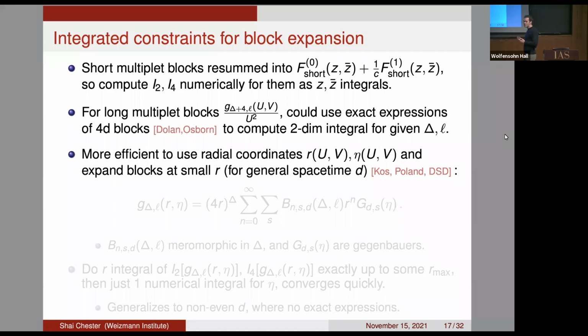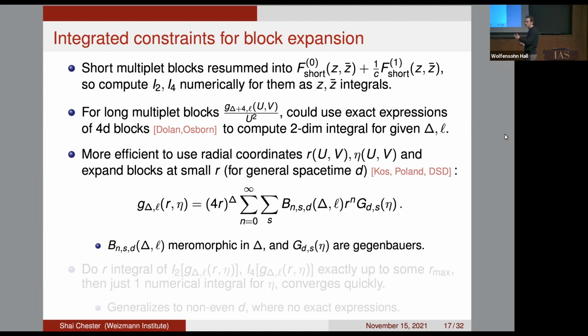Something which is a bit more convenient is that we use another way of expressing conformal blocks. So you can define these radial coordinates, r and eta, and then you can expand conformal blocks, in fact, in any space-time dimension D, in a small r expansion. And so the advantage of this expansion is that now you could do the integral over r analytically, because it's just some polynomial in r, as long as you cut off at some r max. And then there's only one numerical integral you have to do, which will be the eta integral.